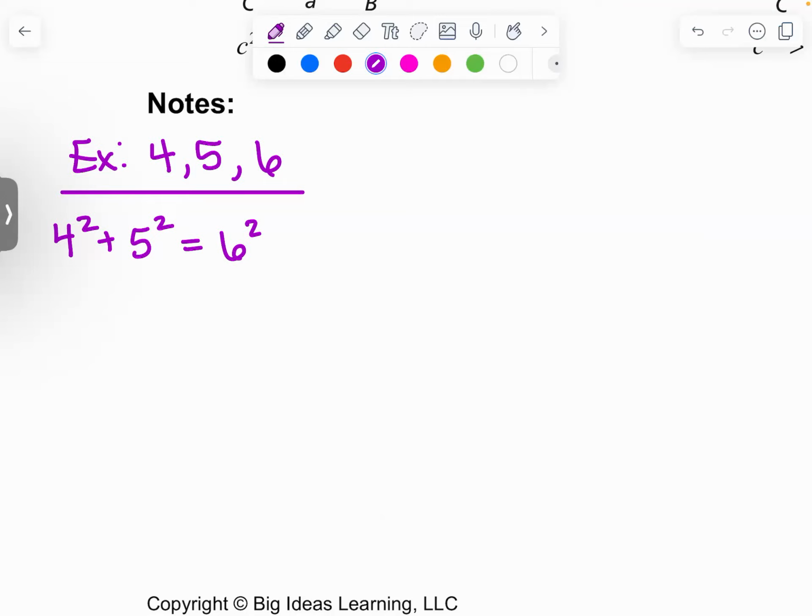What's 25 plus 16? 41. Okay, so which is bigger, C squared or A squared plus B squared? Since C squared is smaller, it is acute.